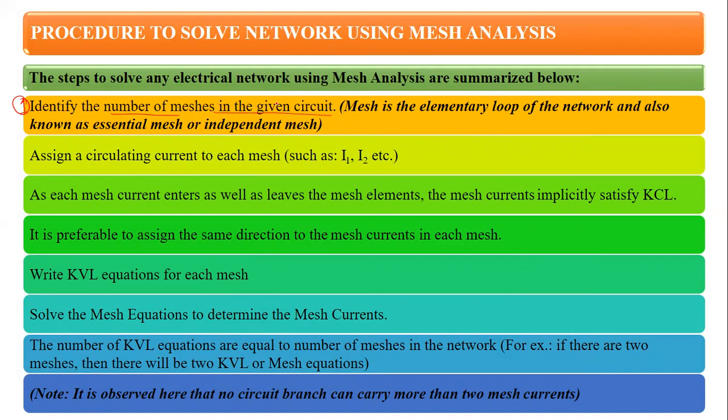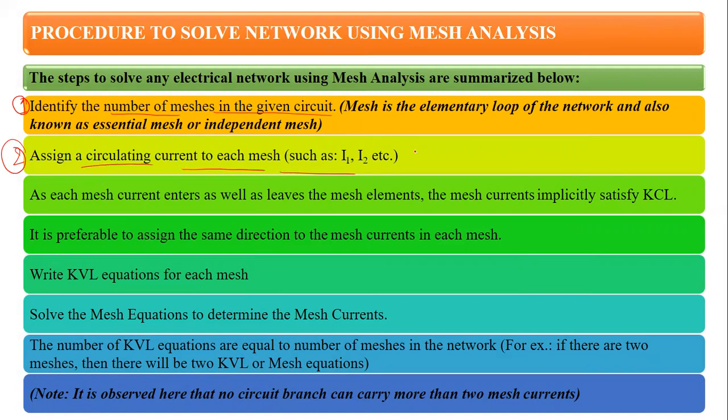We can also take the loops, also outer loops, because ultimately mesh analysis utilizes KVL, Kirchhoff's voltage law, which is used in a loop, and mesh is also a loop, right? Then the second thing that we do is we assign the circulating current to each mesh.